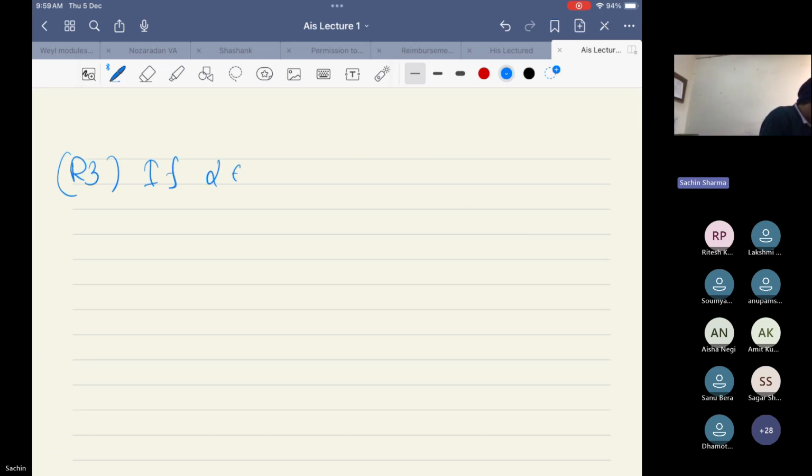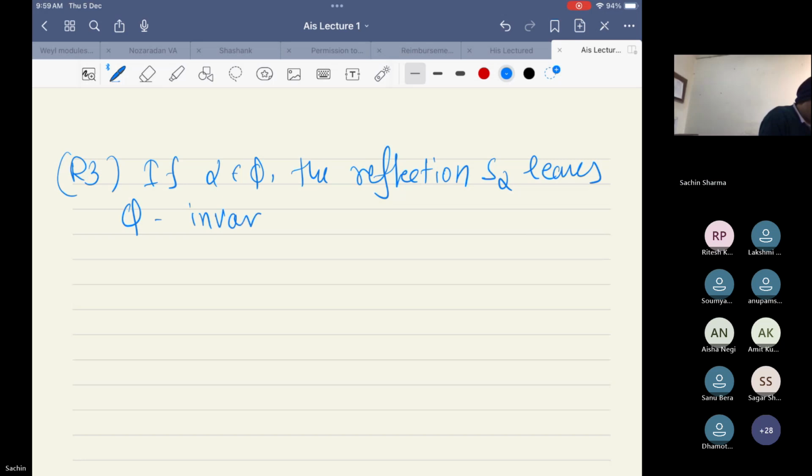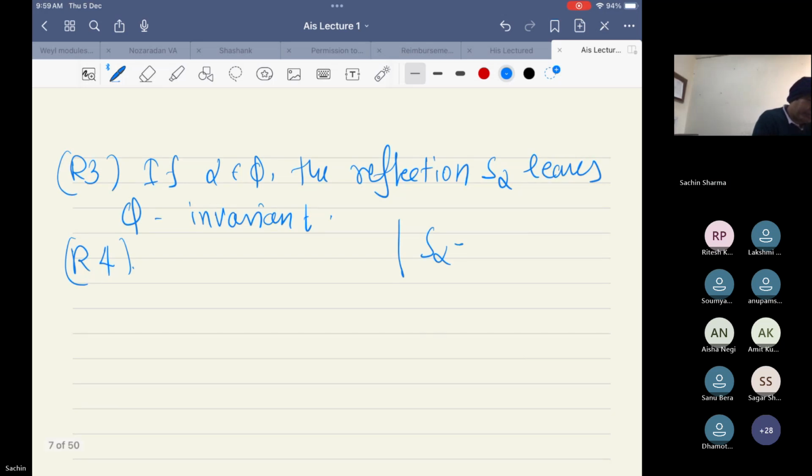Third, if alpha belongs to phi, the reflection S alpha leaves phi invariant. And the fourth one, which is important: for every S alpha, you write, as this is your definition, S alpha of v equals v minus f of v times alpha.